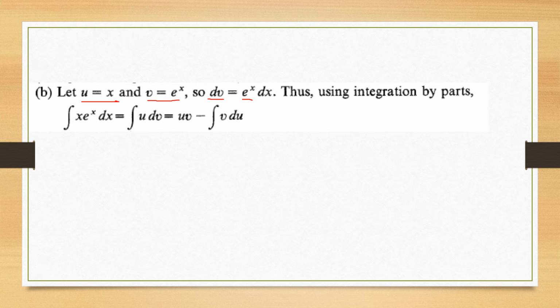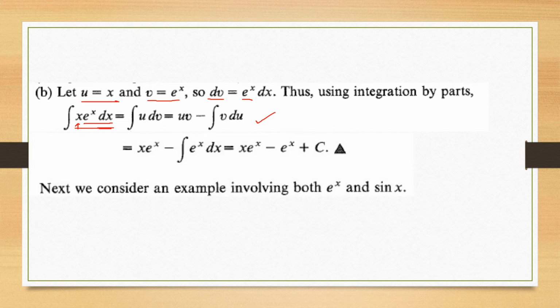So using the formula, we will write here the first function and second the derivative, u, and this whole is dv, which is equal to u dv, which is equal to uv minus v du according to the formula.